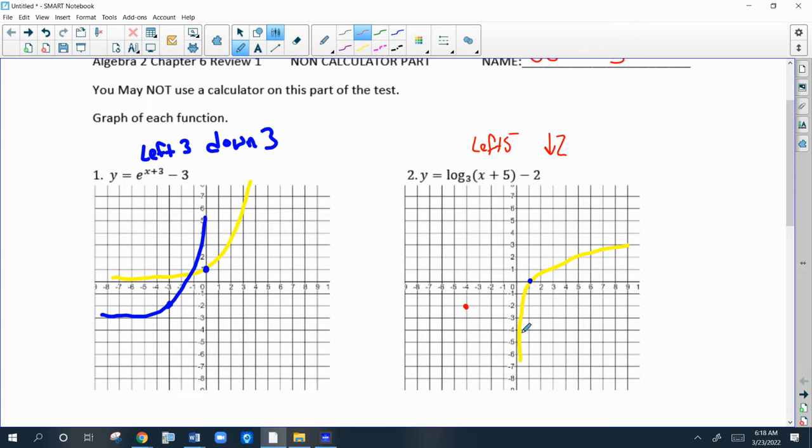Now just redraw that graph. Now this also has an asymptote just like this graph, but this is a vertical asymptote. So make sure you start not more than 1 over from that point and really just redraw the graph. Now remember, this is a non-calculator part, so make sure you know what these graphs look like.